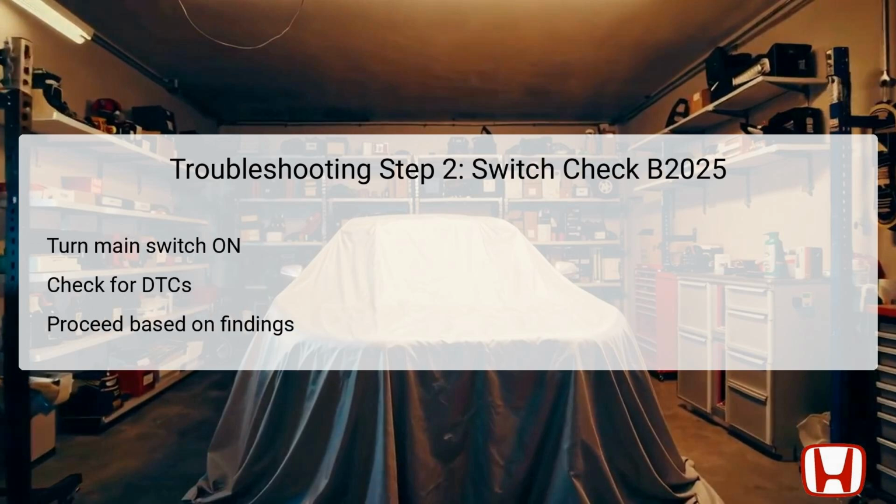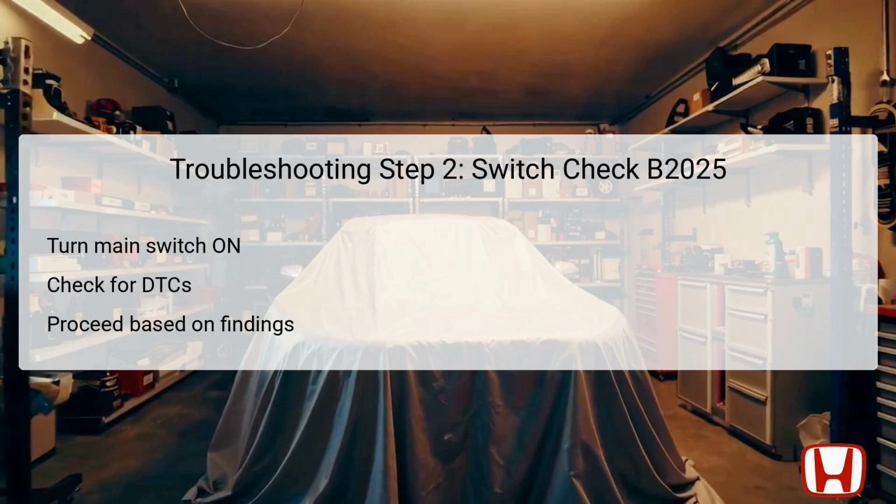Next, the power sliding door main switch should be activated by turning it on. This step is crucial as it enables communication between the switch and the vehicle's control systems. After turning the switch on, utilizing the HDS again to check for DTCs is necessary to determine if B2025 is indicated.